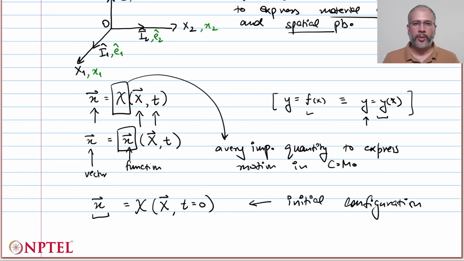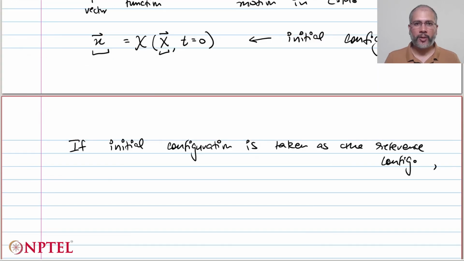And in case our choice of reference configuration, which is denoted by this capital X, is the same as the initial configuration, because we said that the most intuitive choice for reference configuration is the configuration of the body at t equal to 0, so if the initial configuration is taken as the reference configuration, we get the function chi of capital X comma 0 as capital X. So this is a good check.